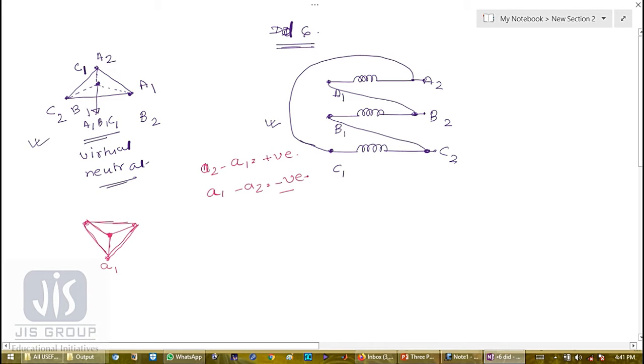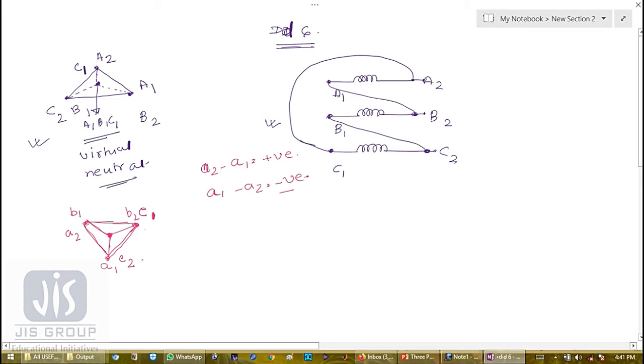So this is a1. Similarly, this is b1 and this is my c1. If this is a1, this is my a2. If this is b1, this is my b2, and this is c1, this is my c2.